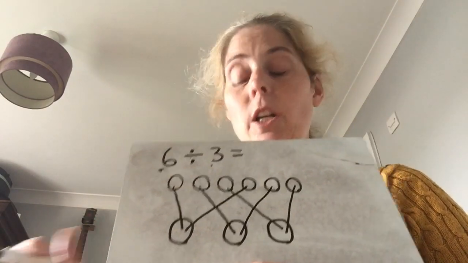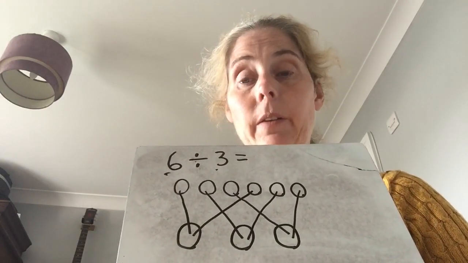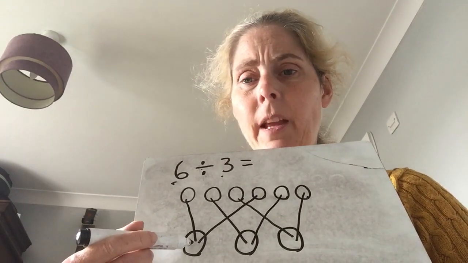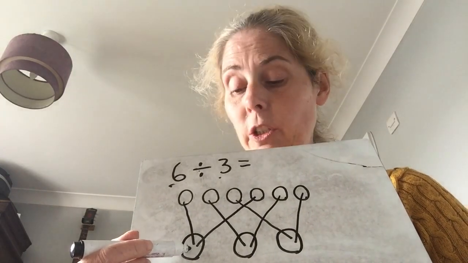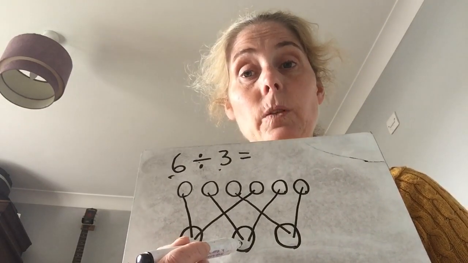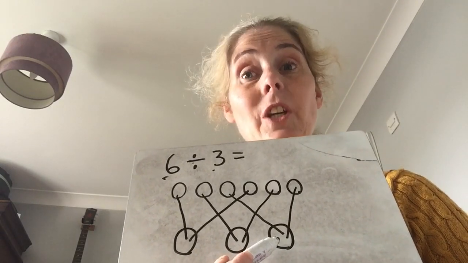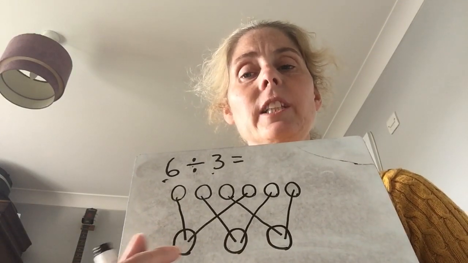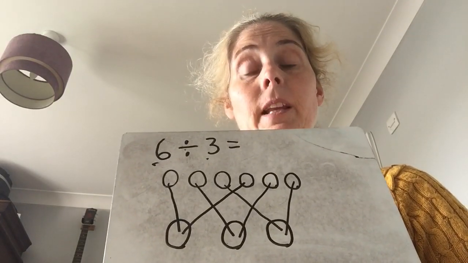So now we need to look at how many each person has got. If we look here, how many has this person got? 2. Good. How many has this person got? 2. Good. And the last person, how many have they got? 2. Excellent. So we can see, have we shared them equally? Have they all got the same?